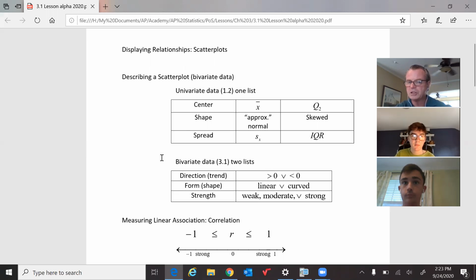So if the prompt is describe for bivariate data, there are three different responses. Well, two of them are different. Ready? Shape is the same, whether it's univariate or bivariate. Except in shape, instead of talking about symmetric or skewed, we talk about linear or curved.